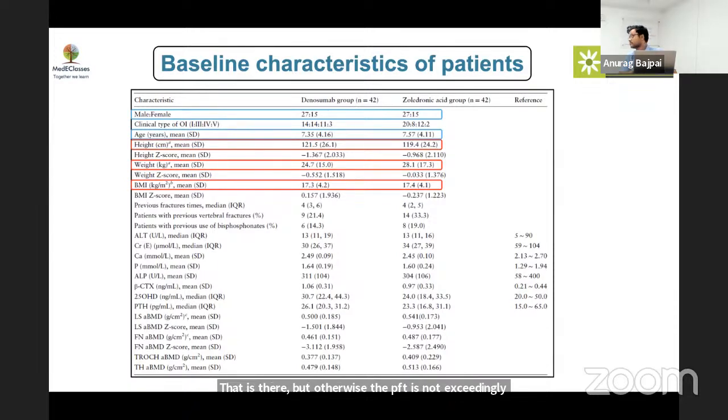Now, if you look at previous fracture time, which is 4, which is reasonable. Okay, and 14 and 19% had used bisphosphonate. Yes. This figure becomes important. Why? You yourself said that if you use bisphosphonate, the effect will be there for a long time.